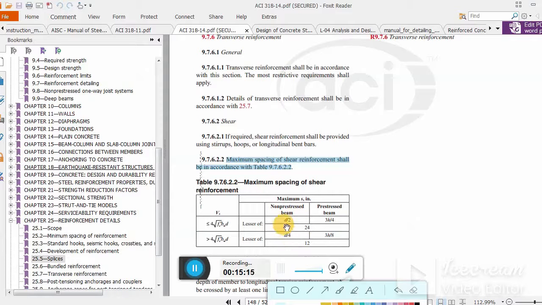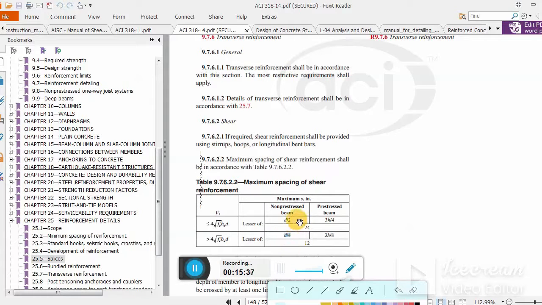Now the question is, if our shear reinforcement spacing increases from these limits, then we provide these spacings in those areas where the shear exists.